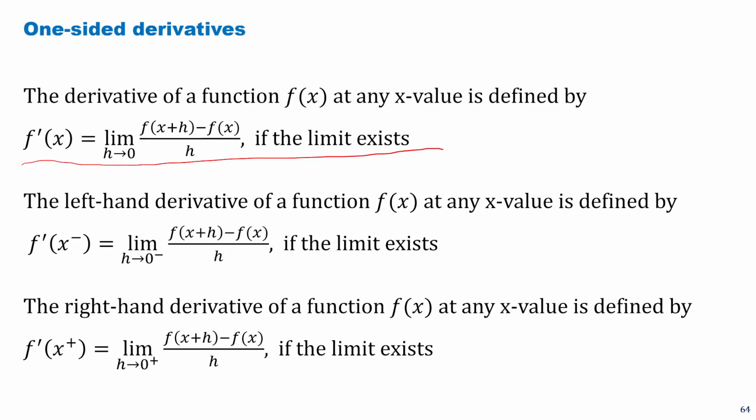Sometimes the limit only exists on one side. For example, the left-hand derivative of function f(x) at any x value is defined by this, which is the limit of this quotient when h approaches 0 from the negative side. So this is called the left-hand derivative. Otherwise, if you let h approach 0 from the positive side, then that's called the right-hand derivative.